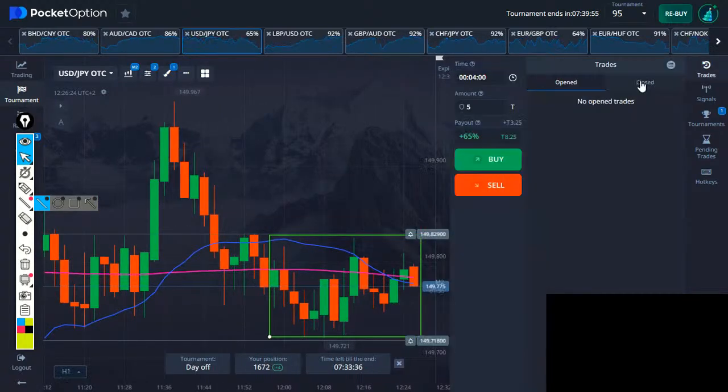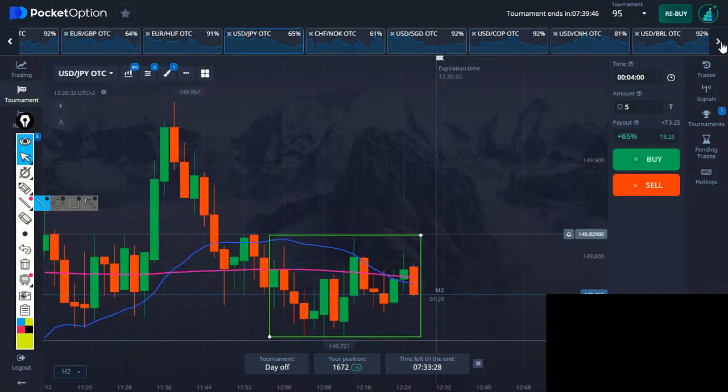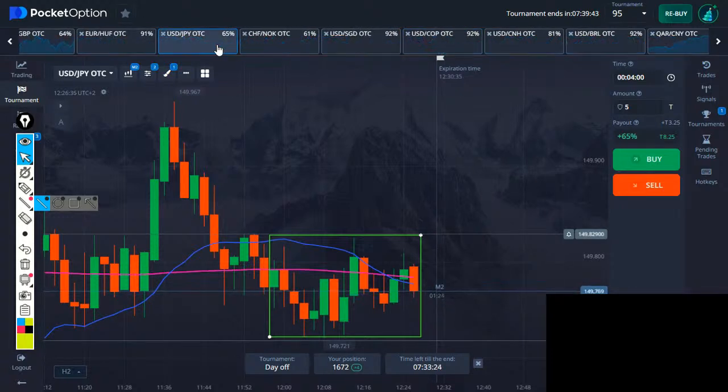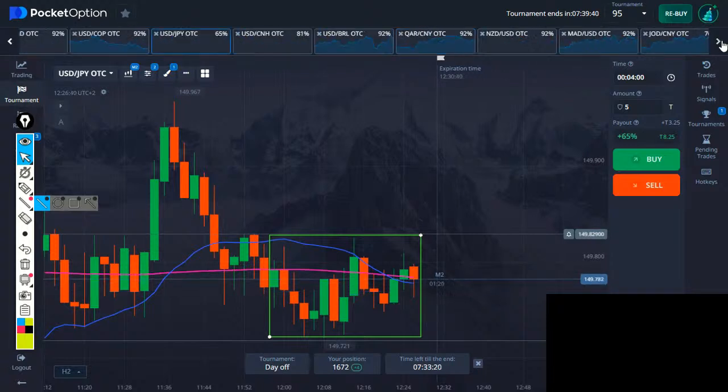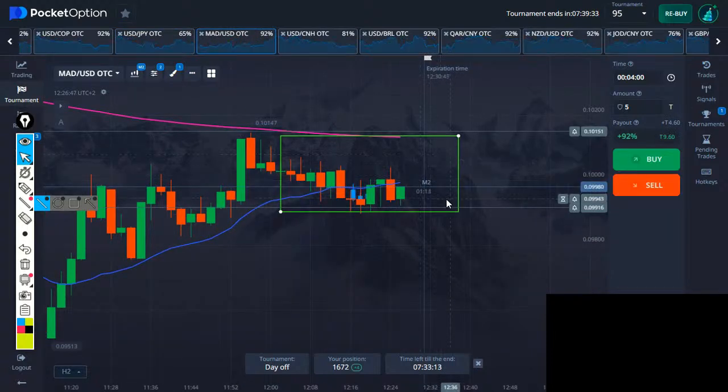The last one was MAD USD. Let me bring this closer over here. Where is it? Okay, so we keep an eye on both. This is still a very valid setup.